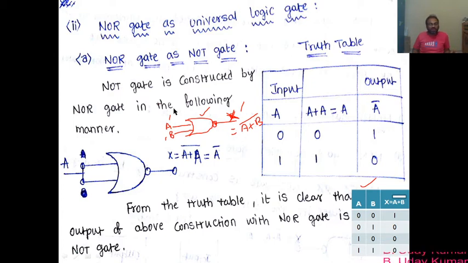We already discussed all these things, and the truth table of the NOR gate was given by this table. Please check it out. What is the truth table? The truth table is the table which helps us understand the operation of a gate. Since this is the truth table of the NOR gate, this entire table gives a clear understanding of the operation of the NOR gate.